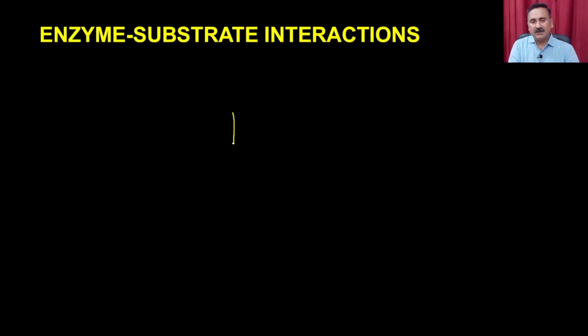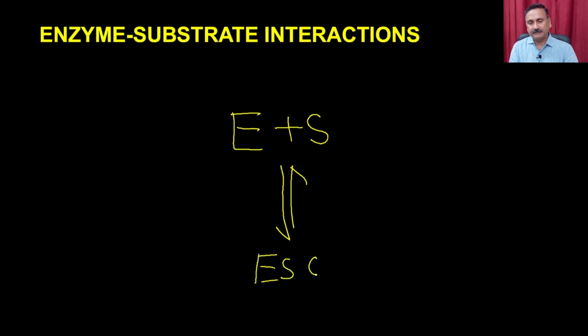Now the big question is how the enzyme and substrate interact and what different modifications are brought into the enzyme structure. You can imagine that if an enzyme interacts with the substrate, it brings a lot of changes into the enzyme structure, because it is forming the enzyme substrate complex, right?